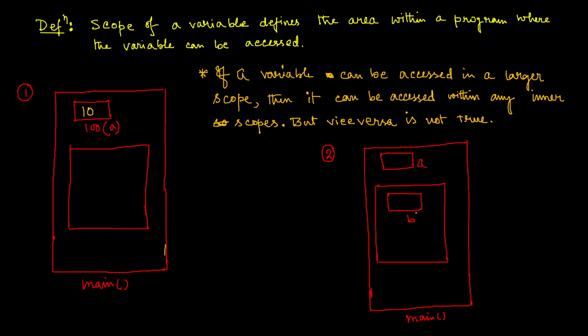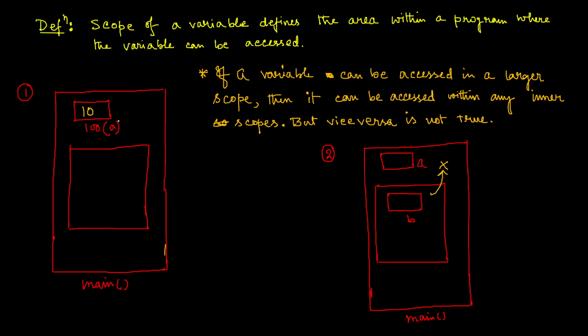Obviously this address is within this large scope. But the problem is that since this variable is declared within the inner scope, it cannot be accessed outside this inner scope.